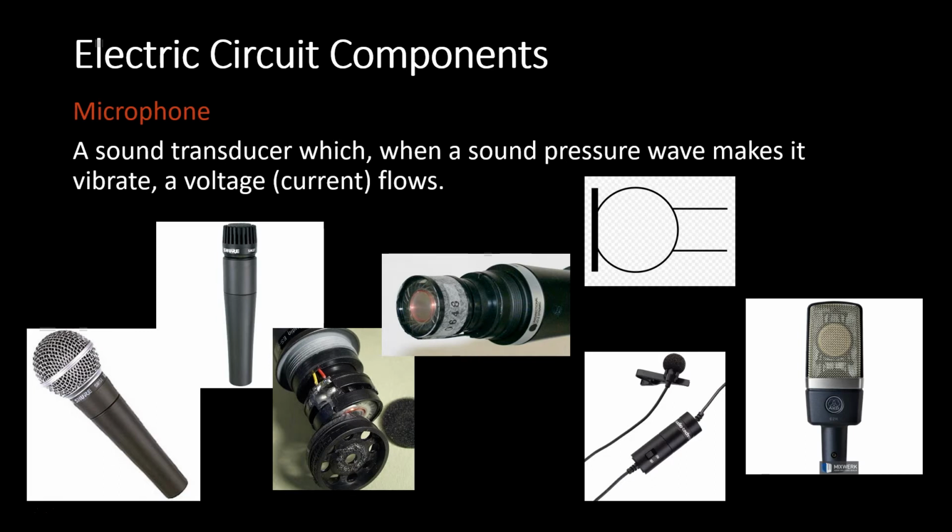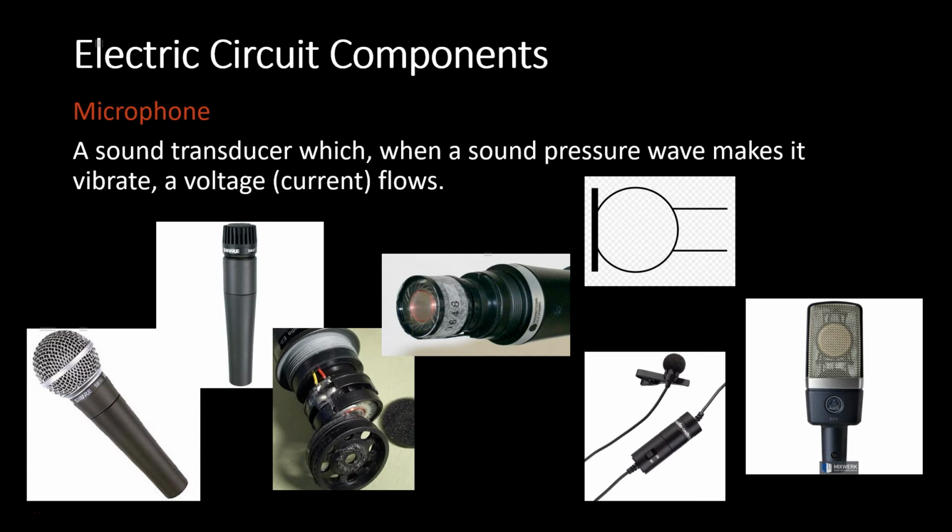And that's how a microphone converts sound waves, the vibrations through the air, into electrical current, and then the electrical current ultimately is transferred back to sound waves through the loudspeaker.